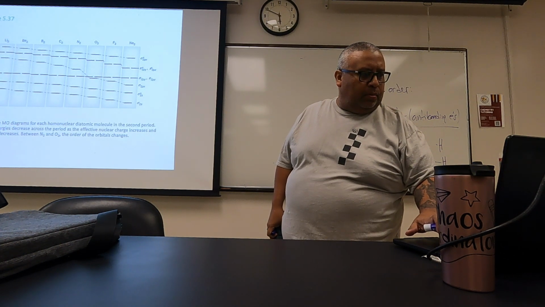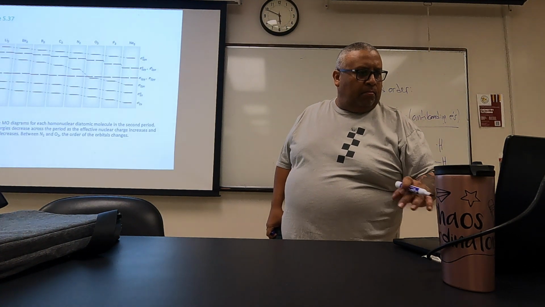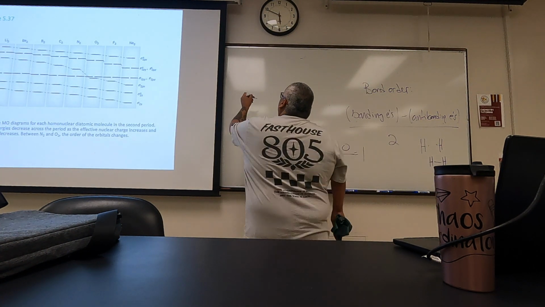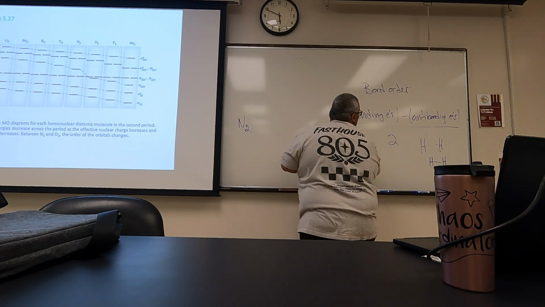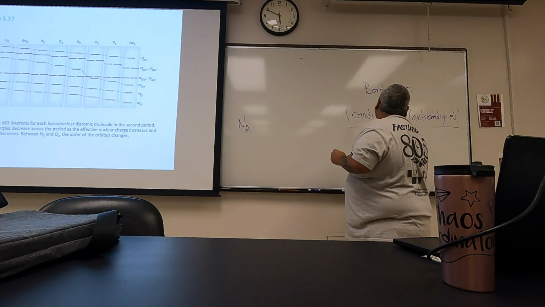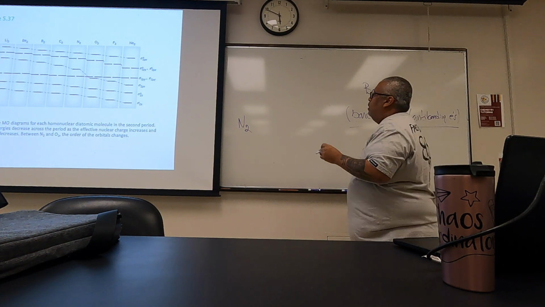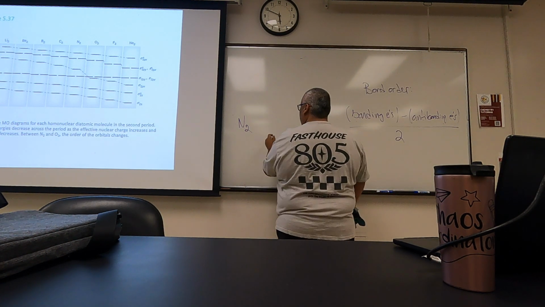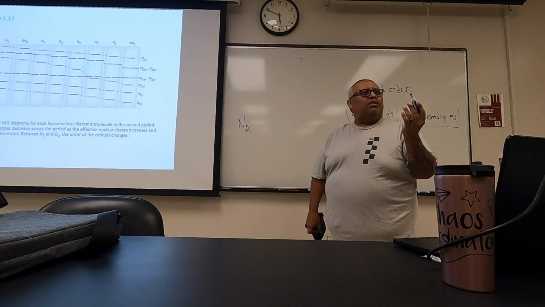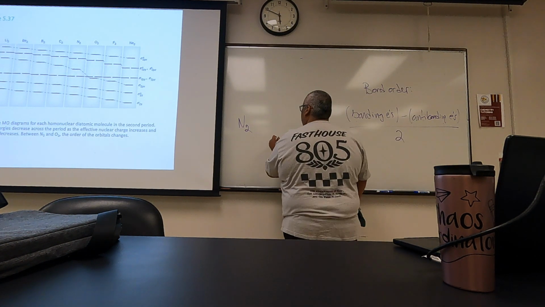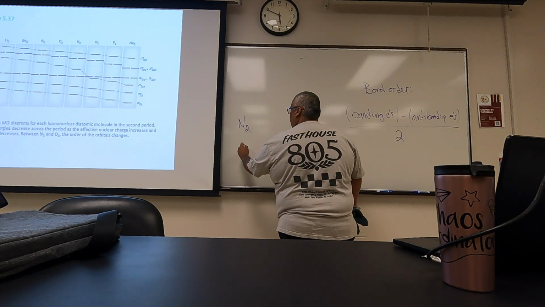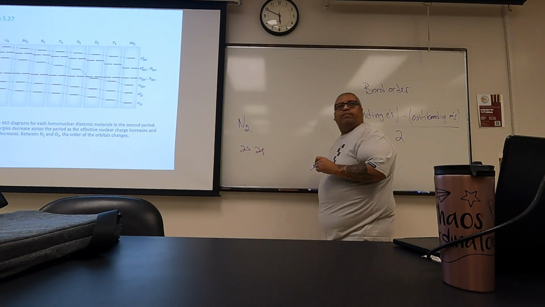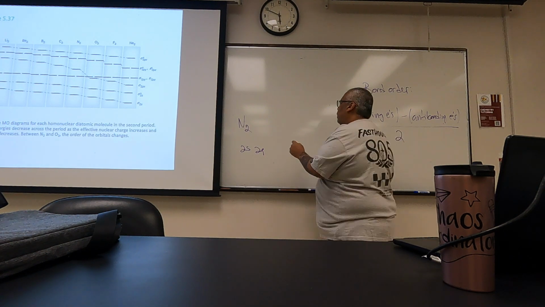Let's do, we're going to do N2. Shouldn't have written that so big over there. So with N2, we're not going to include the 1s. We're just going to start at the 2s. So for the 2s, we have 2s, and we also have 2p, and this is where our pi orbitals are going to come in from.